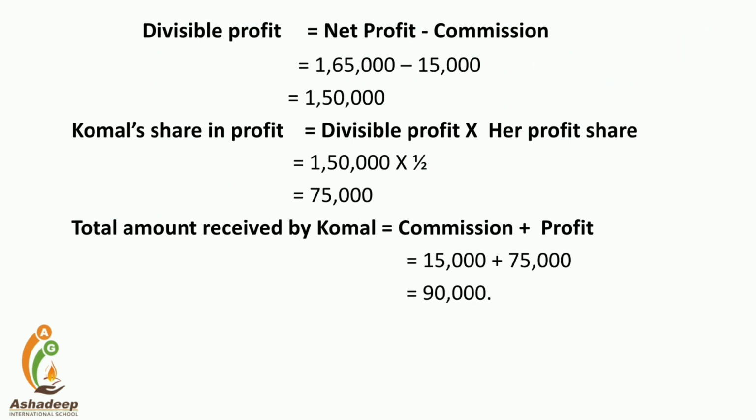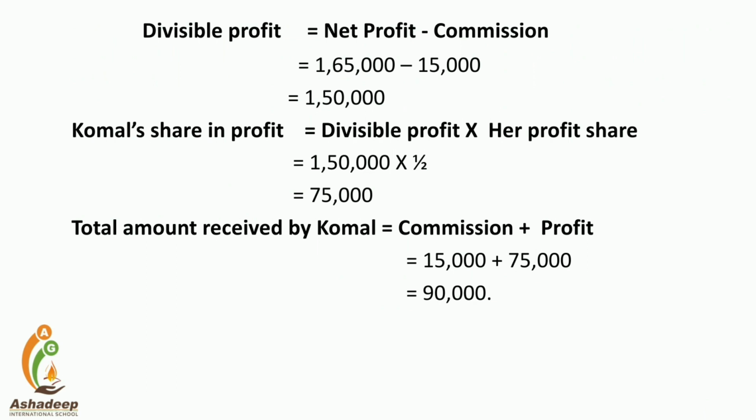To distract the student, the capital ratio is given, but the profit sharing ratio is not. And if the profit sharing ratio is not given, profit will be distributed equally. So divisible profit 1,50,000 multiplied by the profit share; two partners means 1:1 ratio, so her share is 1/2, and Komal's profit share will be 75,000 rupees.